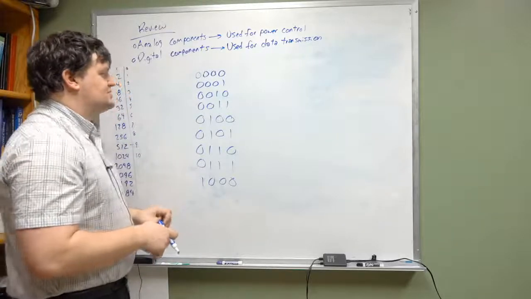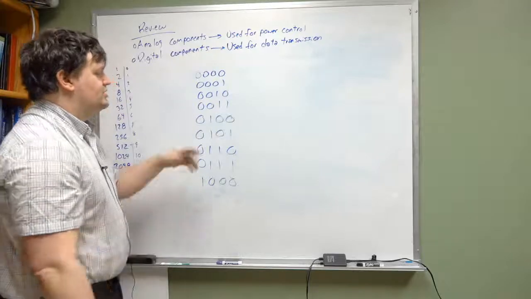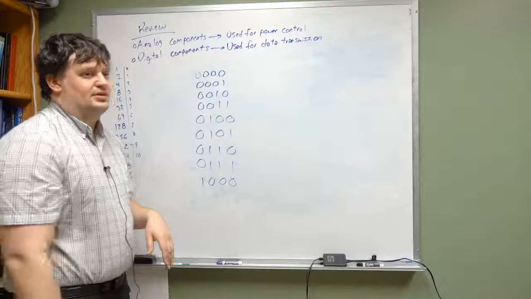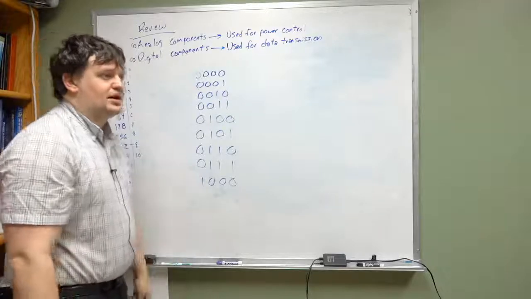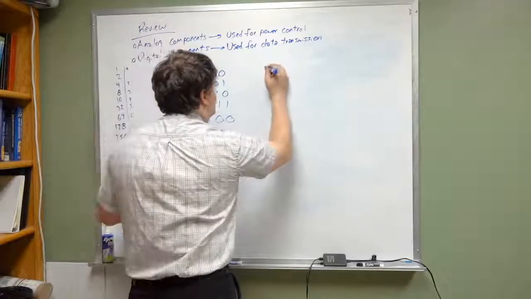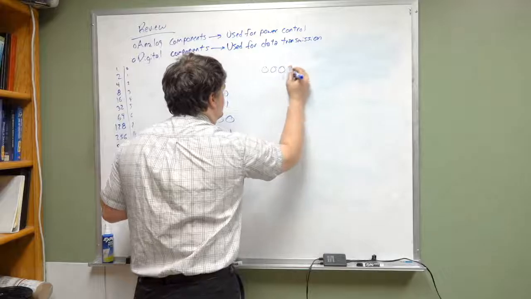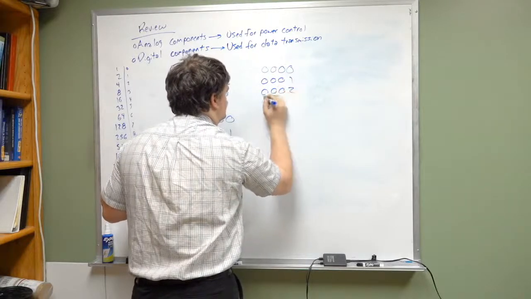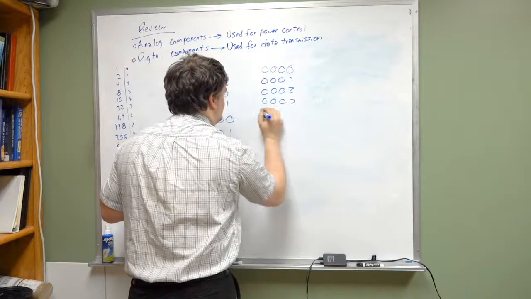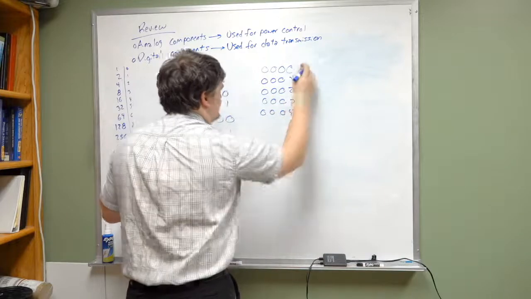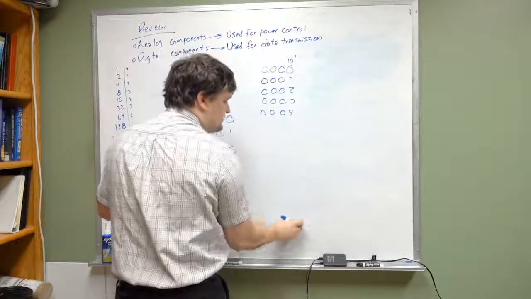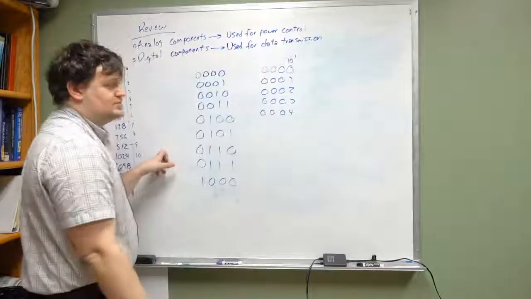In a decimal system, if you were to write out, I don't know, 99 numbers, starting with 0, 1, 2, 3, 4, this would repeat every 10 to the first numbers. So every 10 to the first, we would see another ones place.